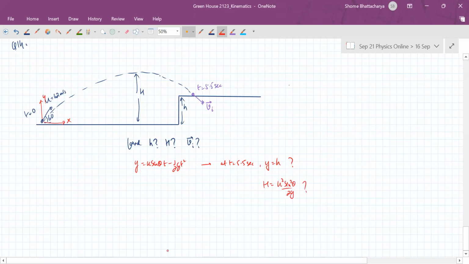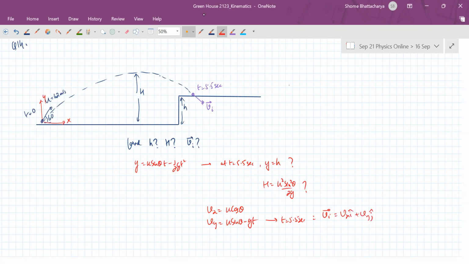You find that out, okay. And as far as v impact is concerned, x component of velocity is u cos theta, y component of velocity is u sine theta minus gt. So substitute t equal to 5.5 seconds to get the impact velocity as vx i cap plus vy j cap. Just try this out, people.